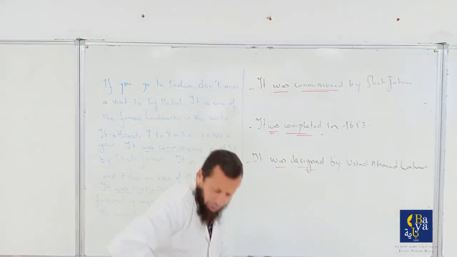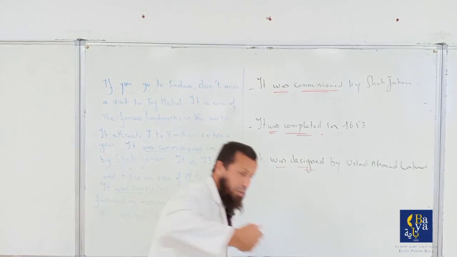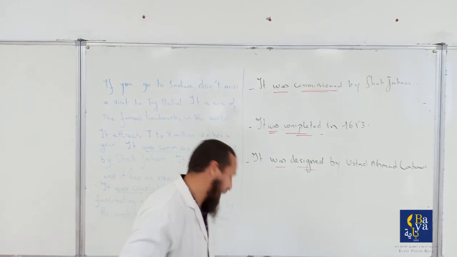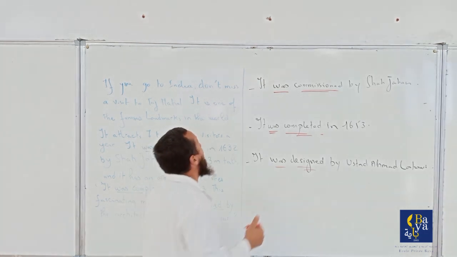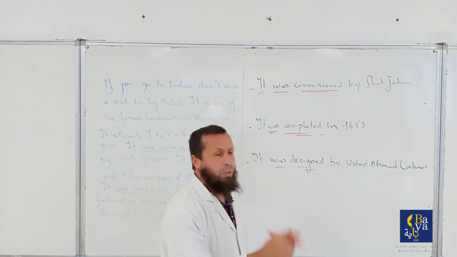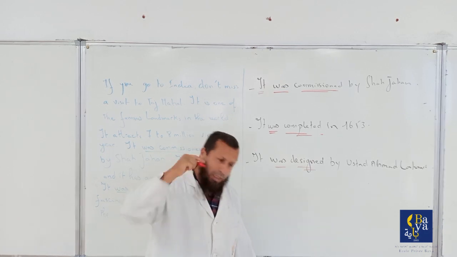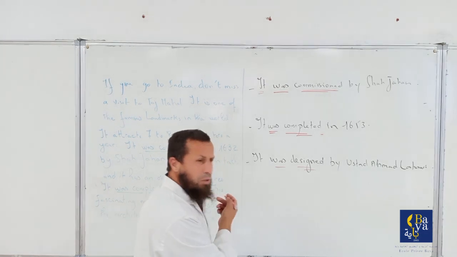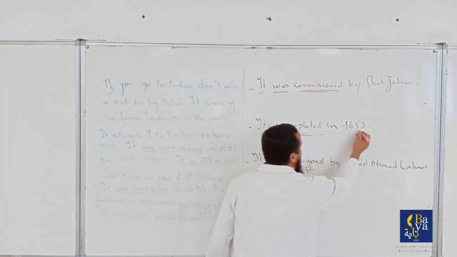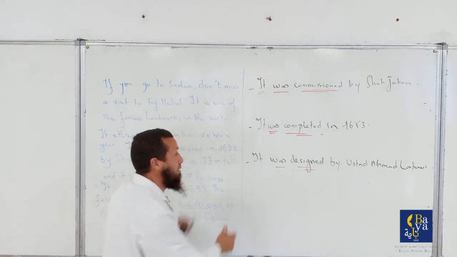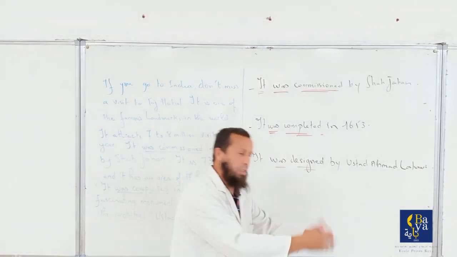Now we are focusing, stressing on the Taj Mahal. We're talking about Taj Mahal. It was commissioned. Here, it was completed. What? Taj Mahal. It was completed in 1653. Then it was designed. What? Taj Mahal. So we are talking about Taj Mahal.